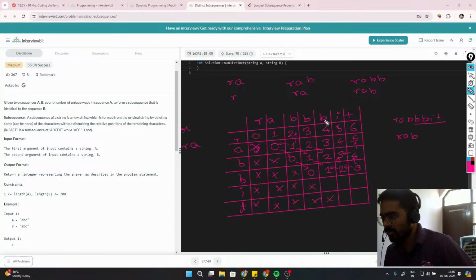I B. I and B, if they did not match, minimum of these two plus 1, that is 1. As this is cross, I'll be putting 0 over here.